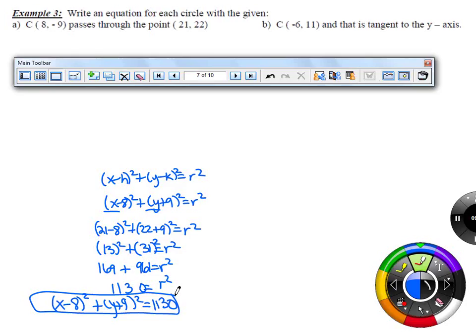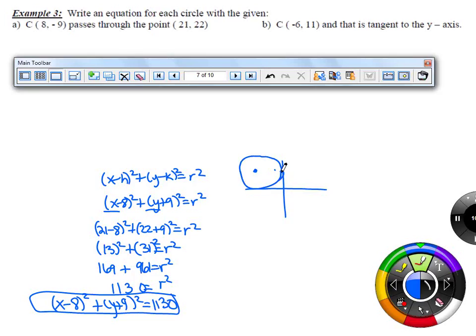All right. The next one says our circle has a center at (negative 6, 11) and is tangent to the y-axis. So think about what this means. Your center is somewhere over here at (negative 6, 11). And if your circle is tangent to the y-axis, what that means is it just hits the y-axis, like that.